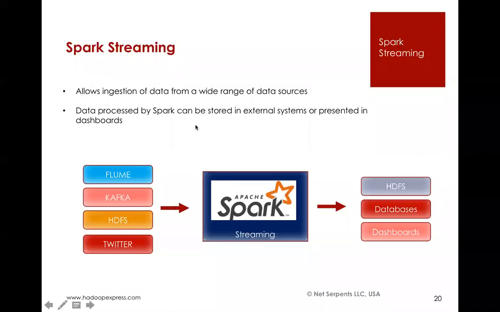And the data which is processed by Spark can be stored in external systems. You can store it in HDFS. You can store it in databases, which can be Oracle, MySQL, DB2, any kind of database. And you can also present your data in dashboards as it arrives. So let's say you get some data which is coming in from these sources.